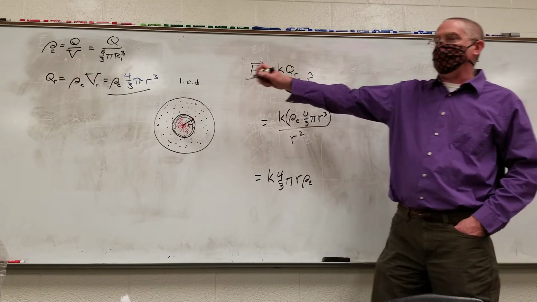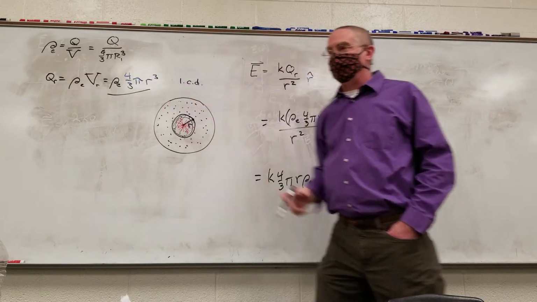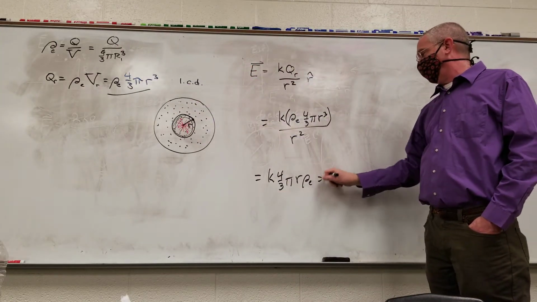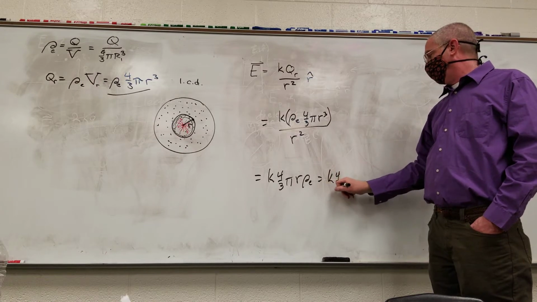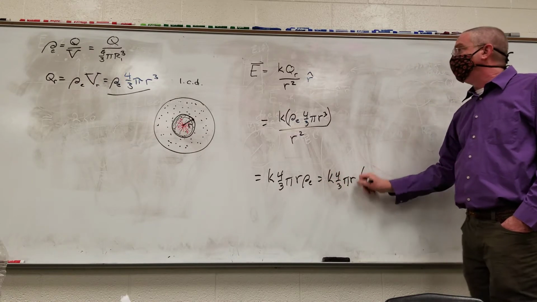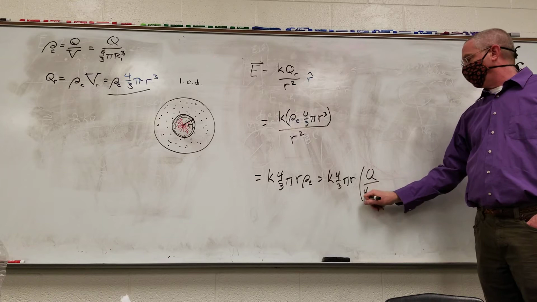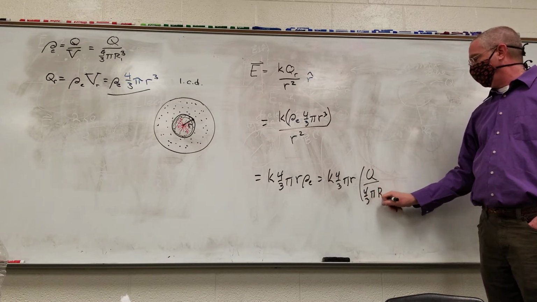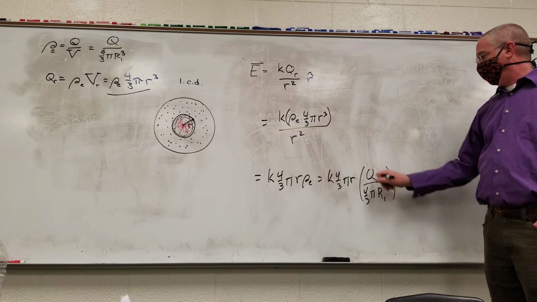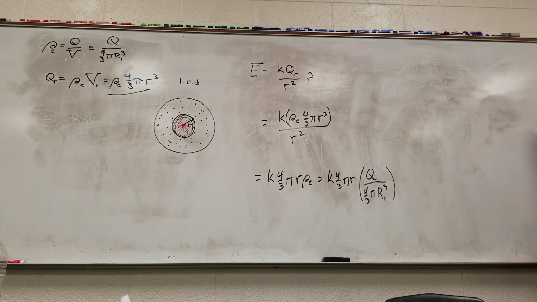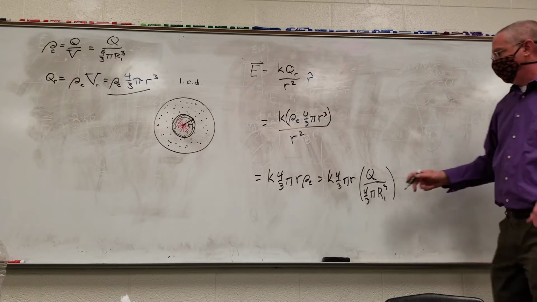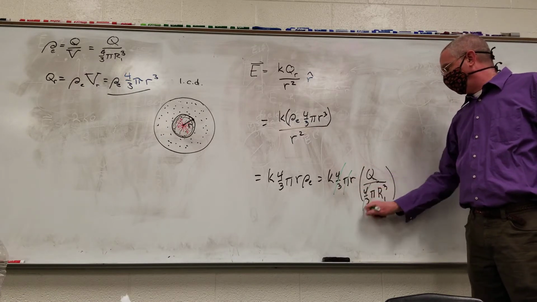I know what rho sub E is because I know what the total charge on the sphere is, and I know the radius of the whole thing. So this is K 4/3 pi little r times big Q over 4/3 pi big R1 cubed. The 4/3 pi goes away.